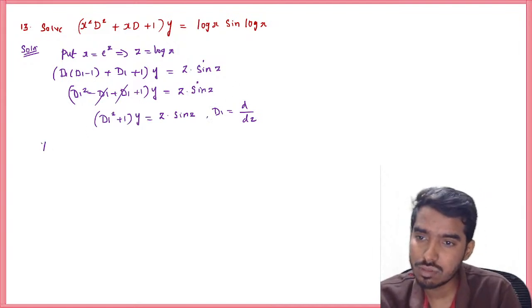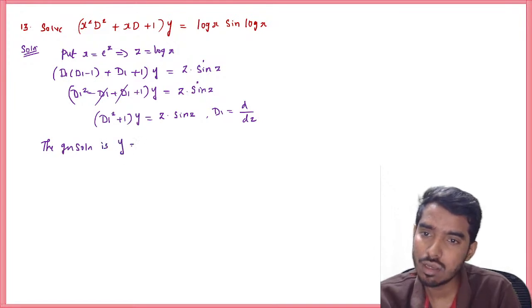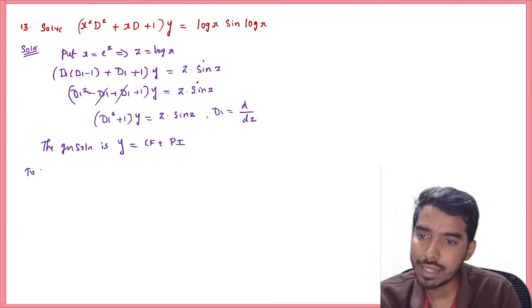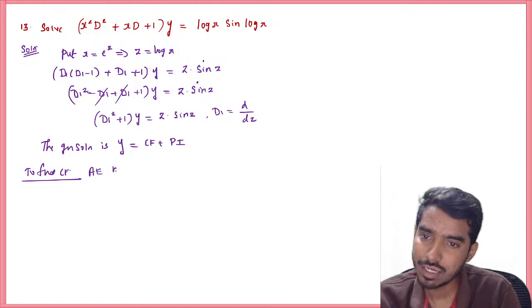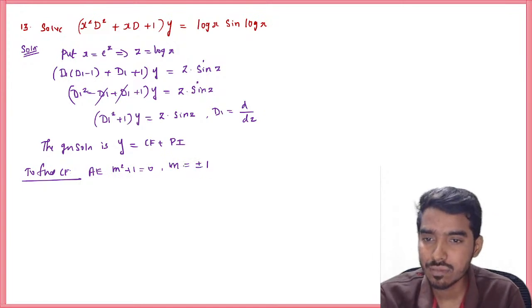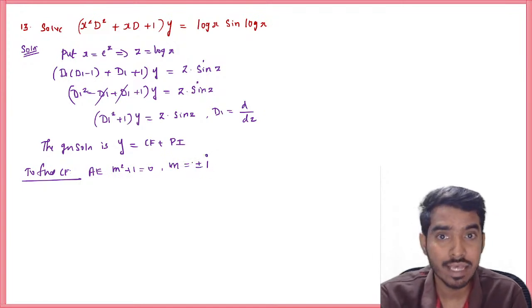Okay. So the general solution is y is equal to CF plus PI. So to find CF, what's the auxiliary equation? It is m squared plus 1 is equal to 0. So that means m is equal to plus or minus 1, right? Sorry, plus or minus i.